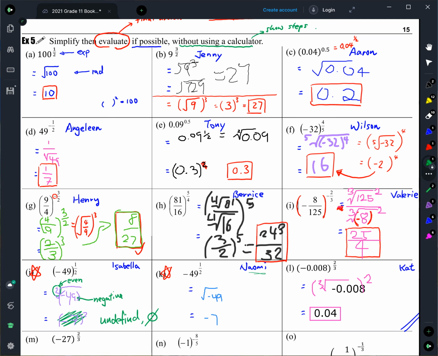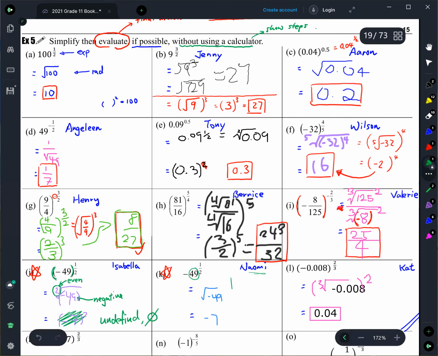Will the negative 49 be inside the square root? No. What should go inside then? I don't know. If there's a bracket, then everything in the bracket should go in, because that part is the base, like in question J. If there's no bracket, the base for the 1/2 is only the 49. The 1/2 only affects the 49.